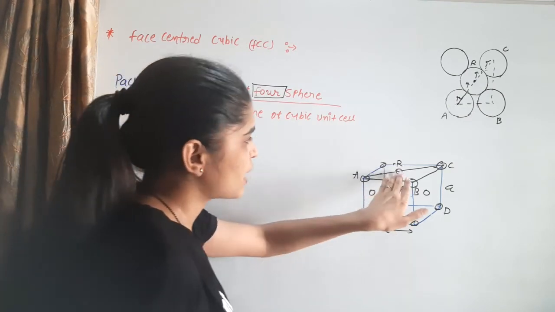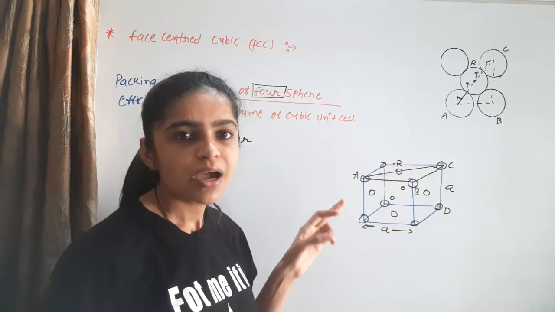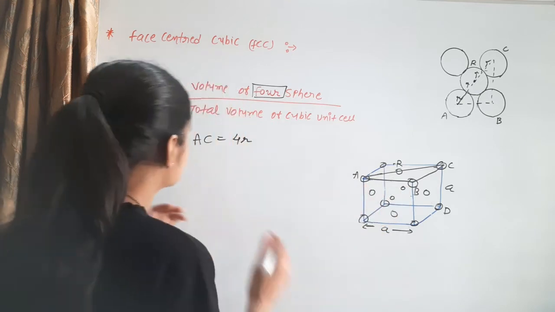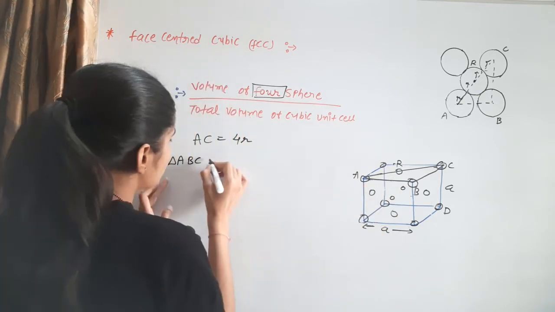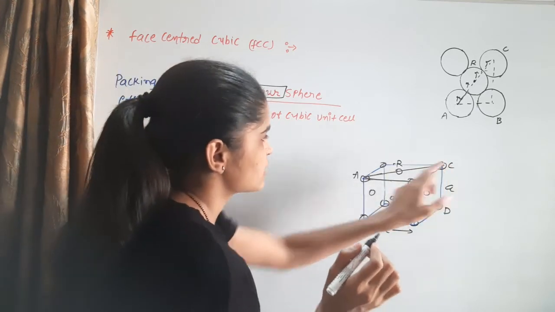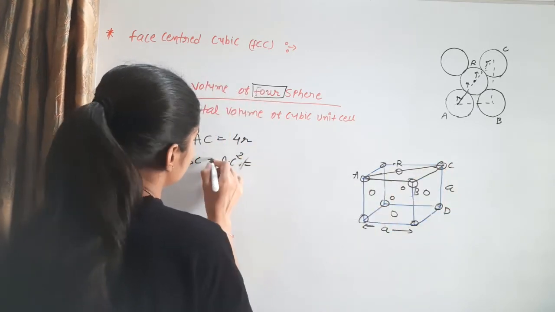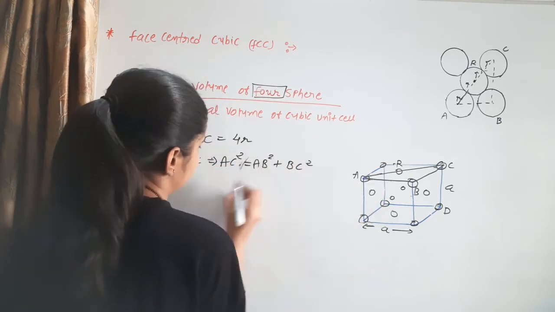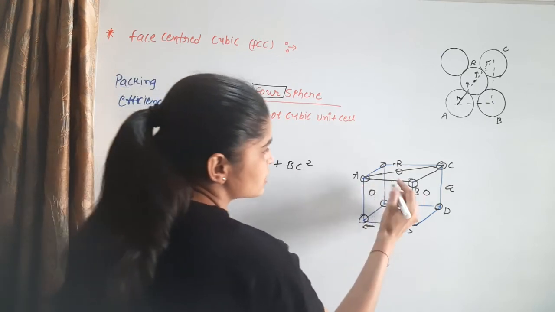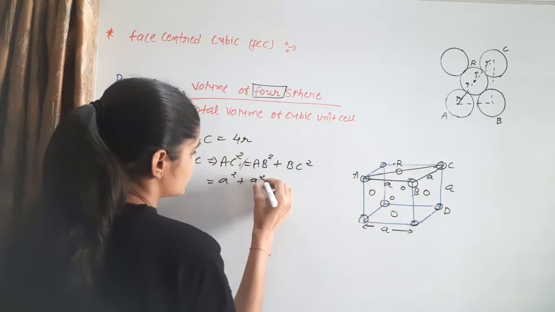Then how to find this AC? In the previous lecture we discussed the FCC. Consider this triangle ABC. So AC square is equal to AB square plus BC square. AB and BC are the edge lengths, so A square plus A square.